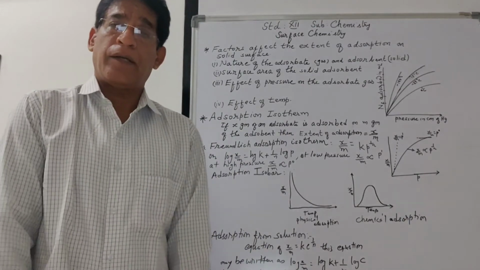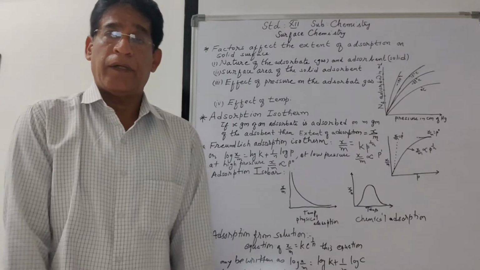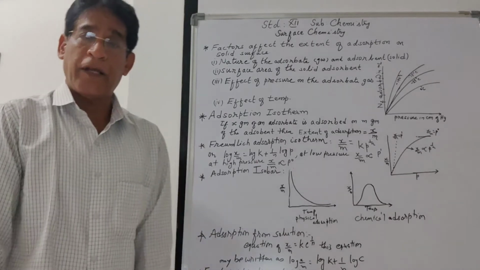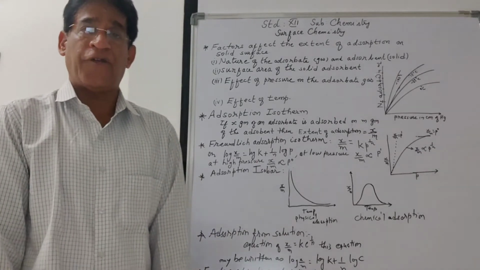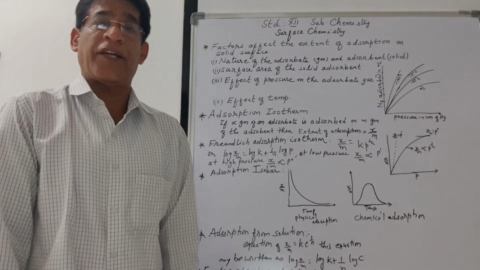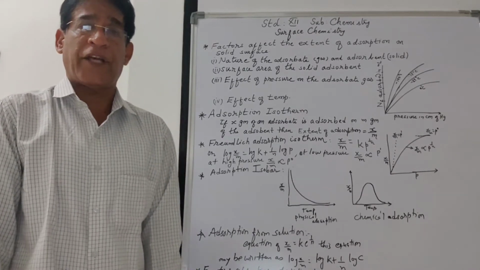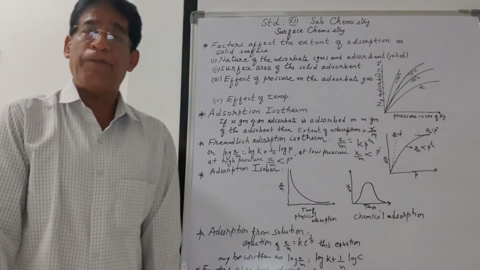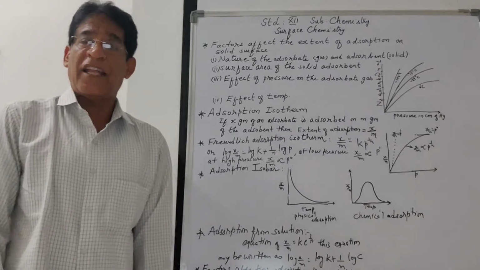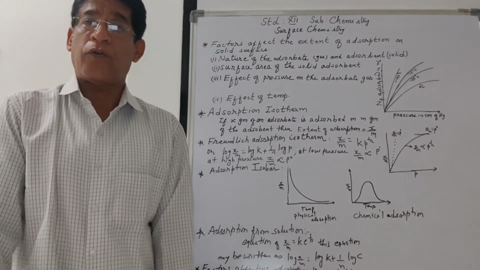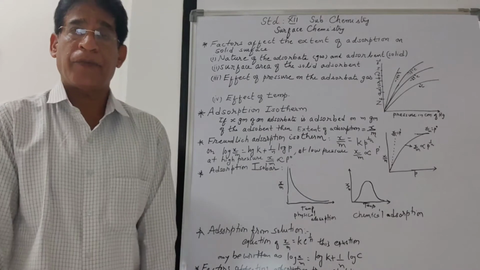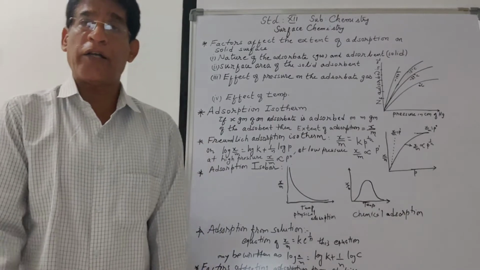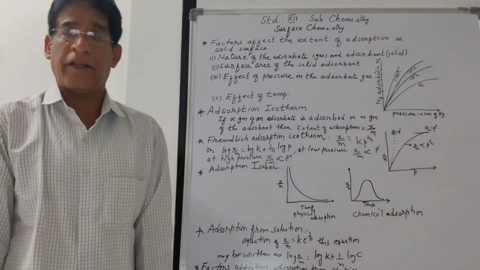Hello students, let's continue the new topic of surface chemistry. The topic is factors which affect the extent of adsorption on solid surface. Porous and finely powdered solids, for example charcoal and fuller's earth, adsorb more as compared to hard non-porous materials.